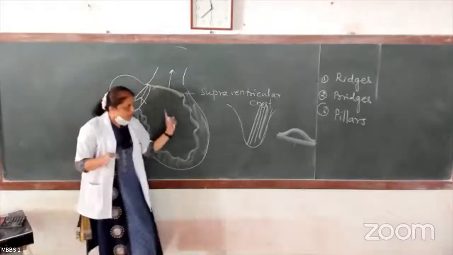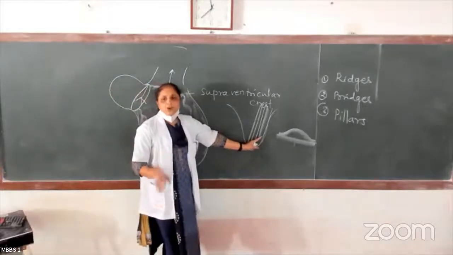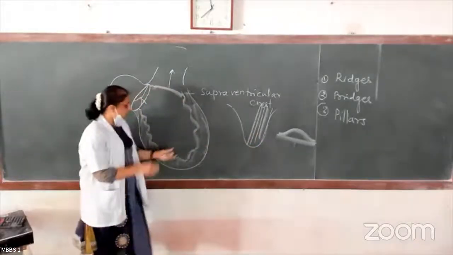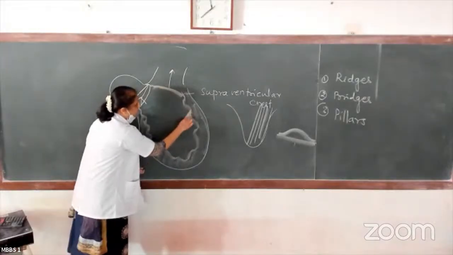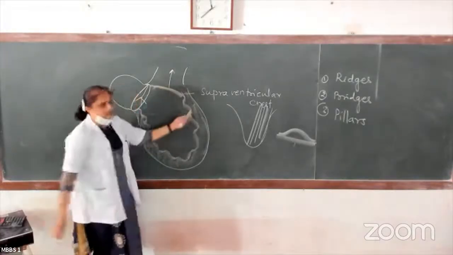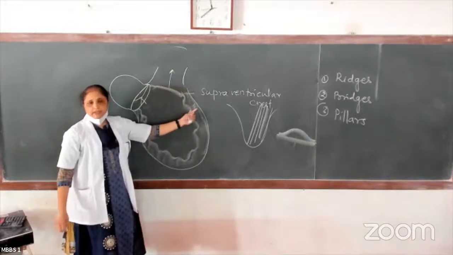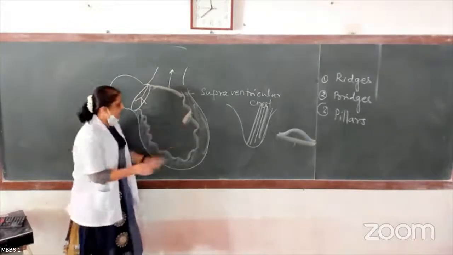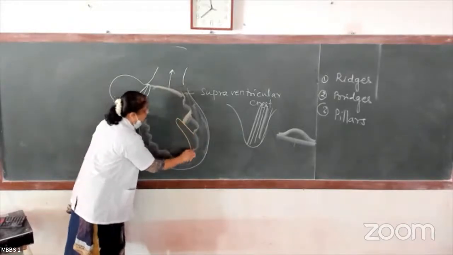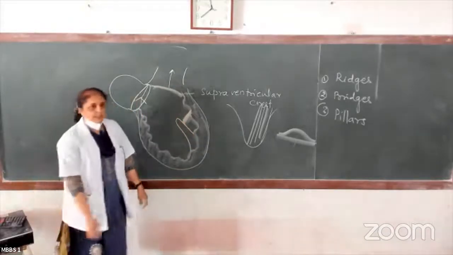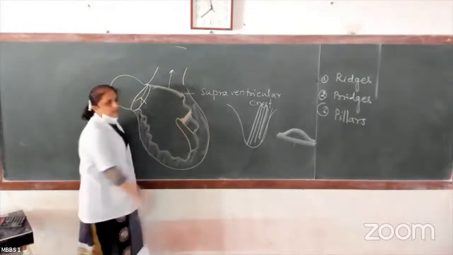One of the bridges is very important, and it extends from the septal wall. One end is attached to the interventricular septum on the right side, and the other end is attached to the anterior papillary muscle.